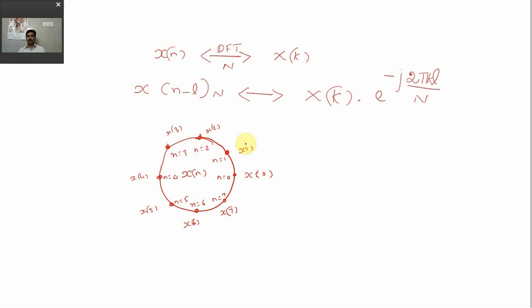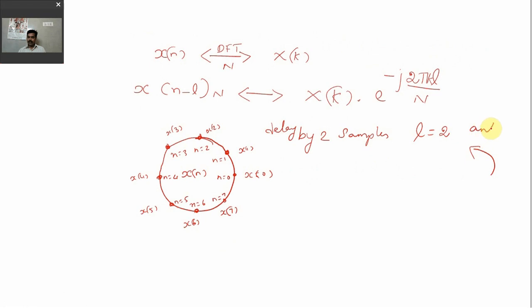Now what I am going to do is delay this sequence by 2 samples, so L is equal to 2. Delaying by 2 samples is nothing but shifting to the positive side, that is the anti-clockwise side.